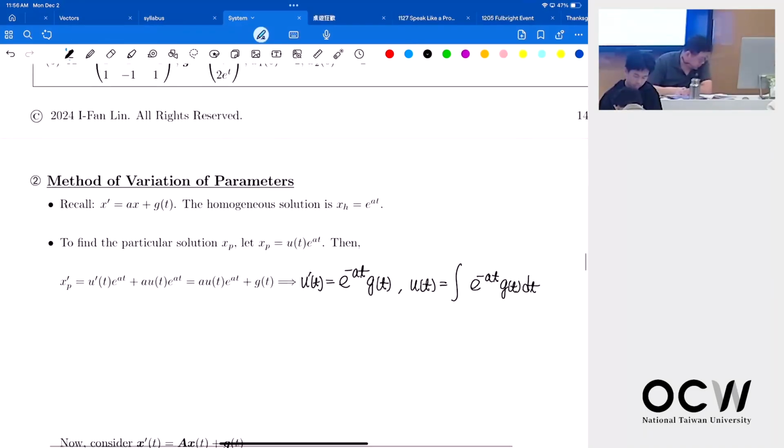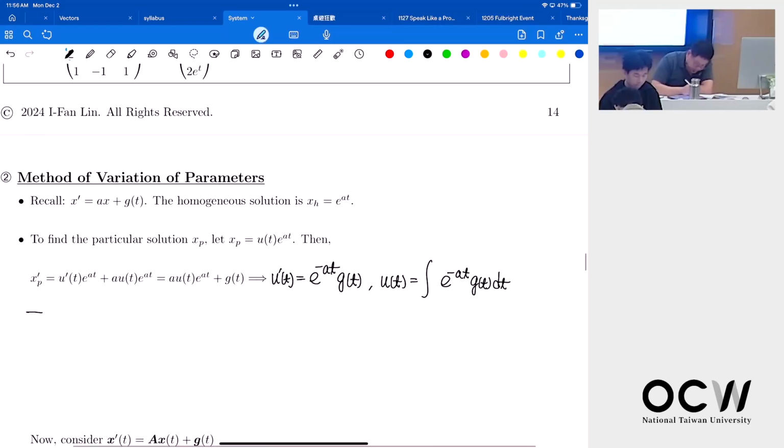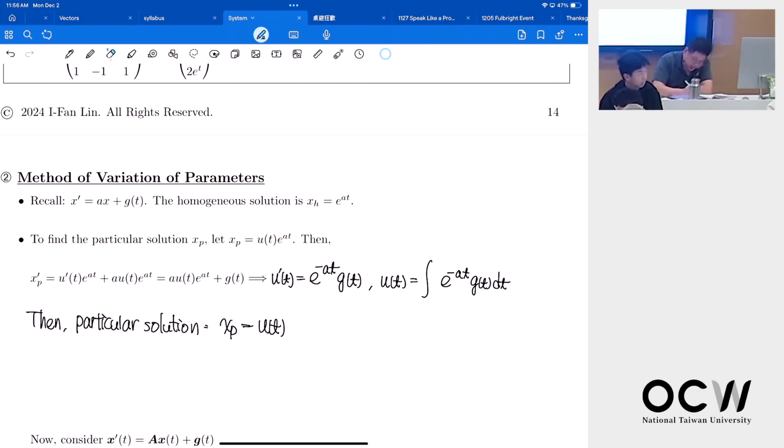So the particular solution is u(t), the function of u, times the homogeneous solution e to the at.